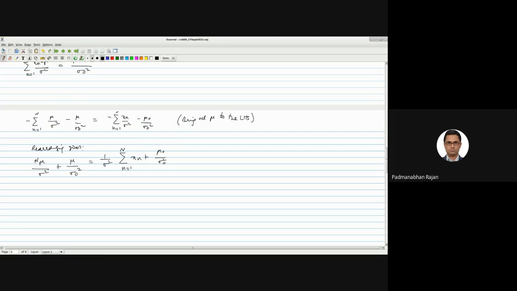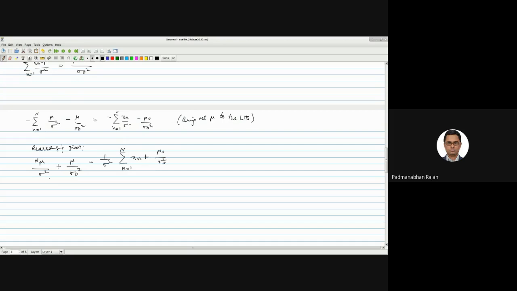What did I do? I did some rearrangement. The summation gives n mu by sigma square plus mu by sigma naught square. And I've removed all the minus signs and I've got xn. This is the same thing.